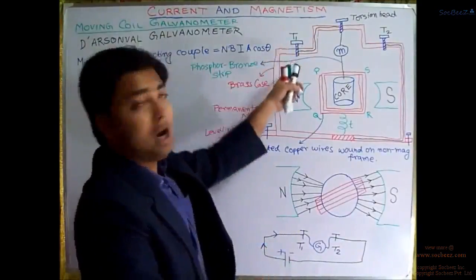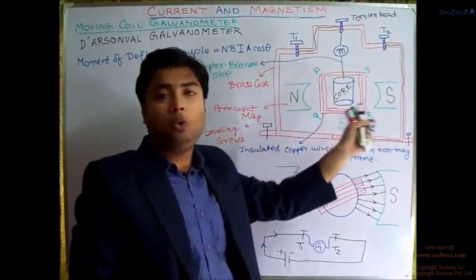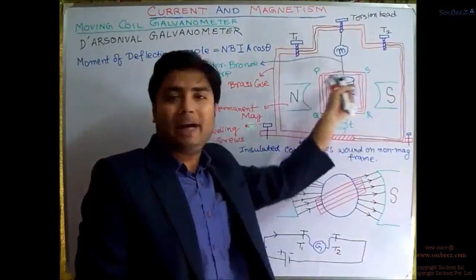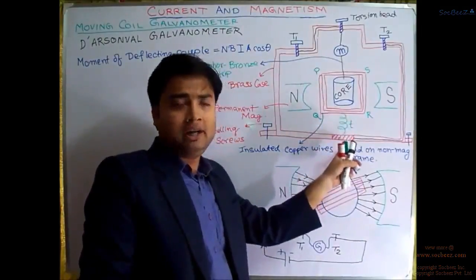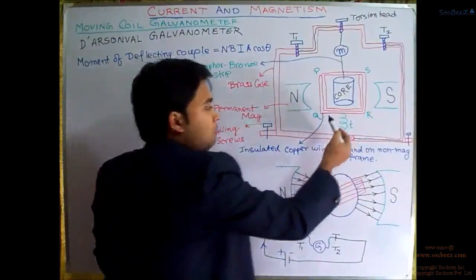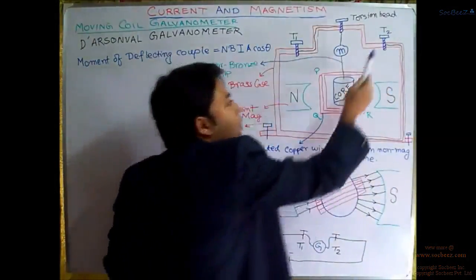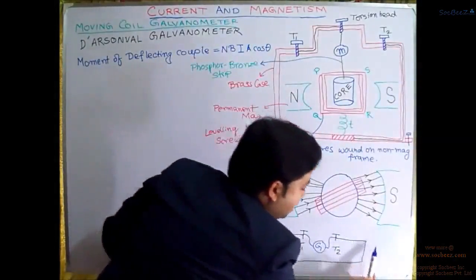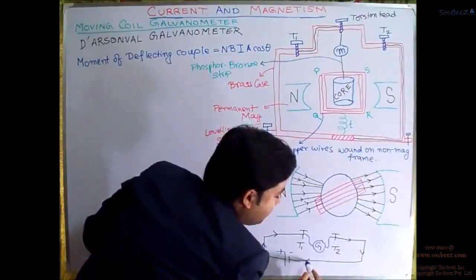It enters T1, it will go to T, and then it will come to PQRS. On the last winding of this PQRS, it will go through this small t. This small t is known as the hairspring, and from this it will again go to the connected T2 screw, and from the T2 screw it will now go to the negative terminal of the battery.